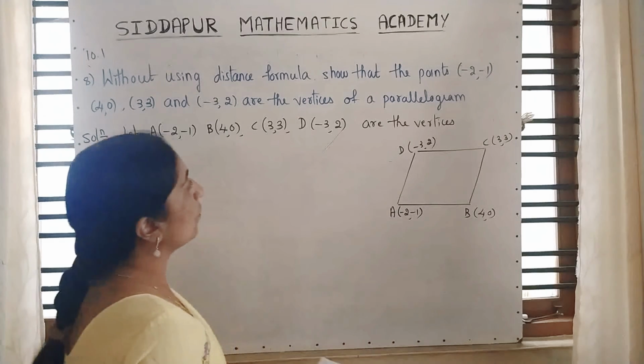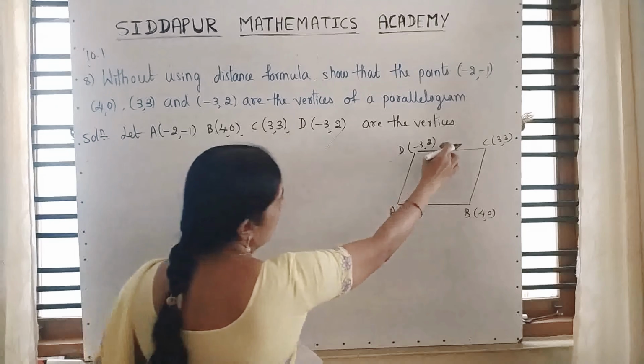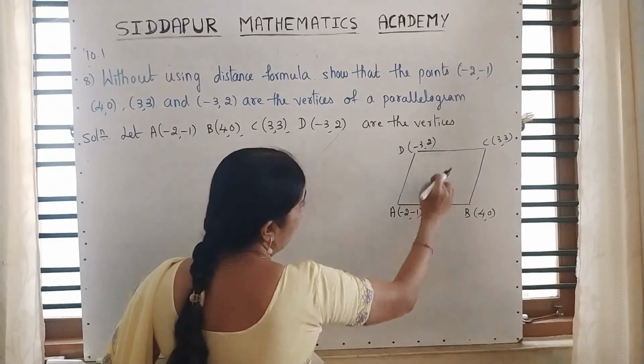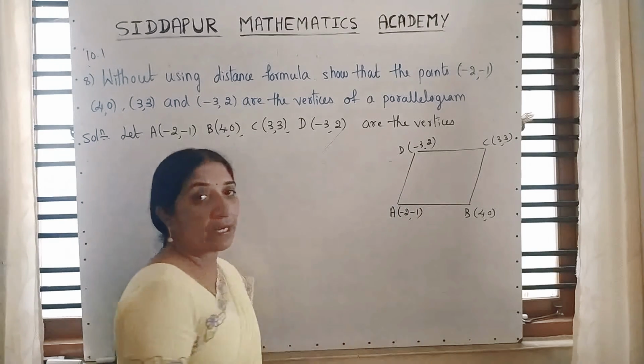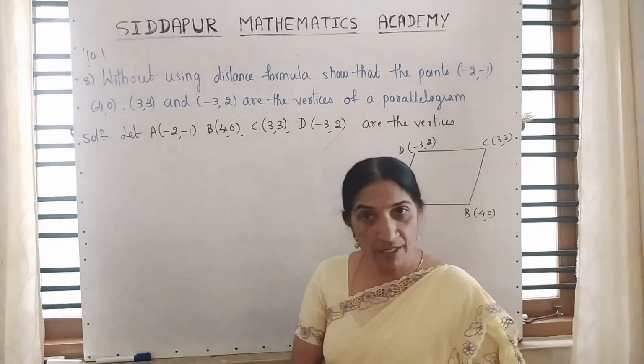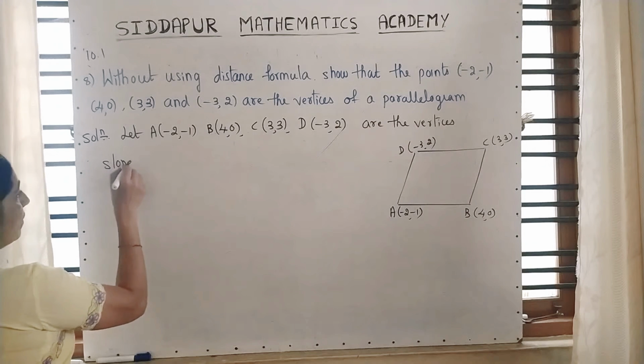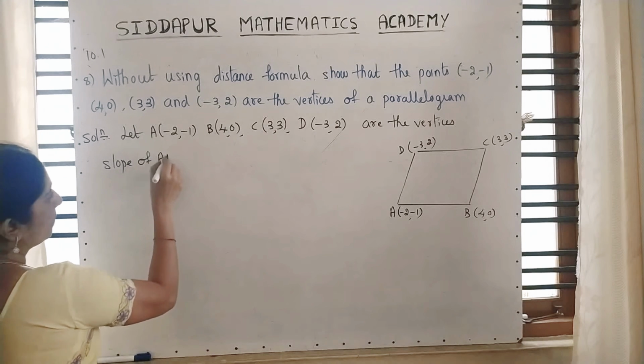So using that concept, without using the distance formula, I will show that opposite sides are parallel. Lines are parallel if their slopes are equal. Now I will first find the slope of AB.